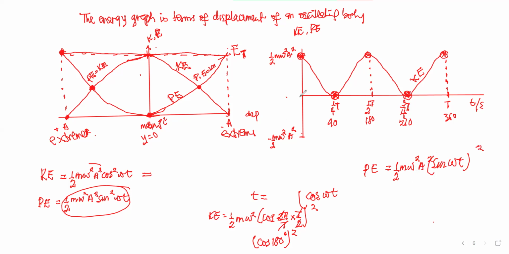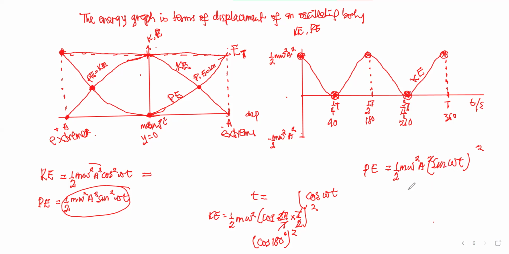So when t is 0, what will be P? Class, when t is 0, what will be the value of P? Or when theta is 0?